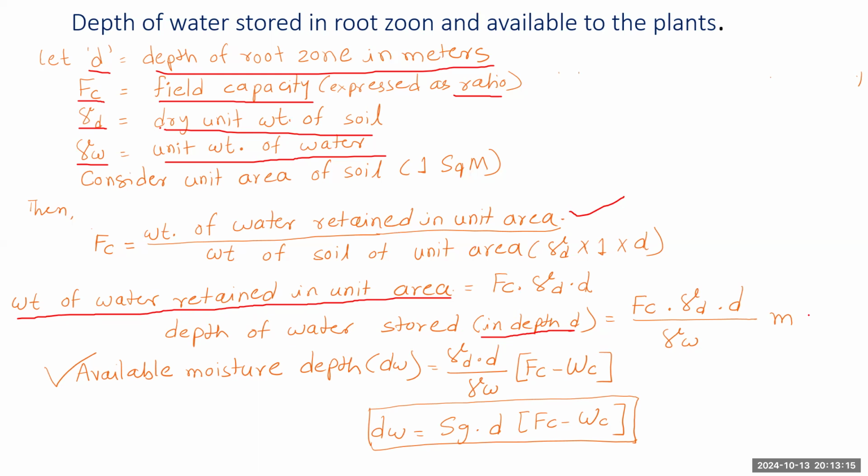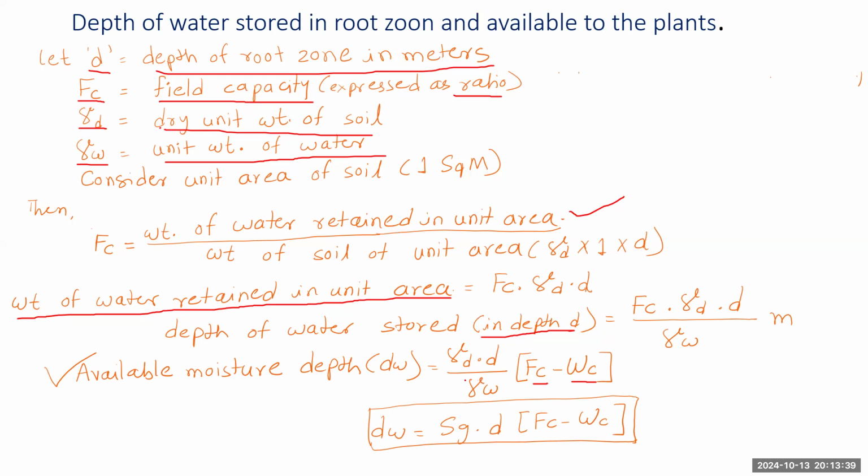From that, we get the available moisture depth formula: gamma D into D upon gamma W into (FC minus WC). WC is the wilting coefficient, FC is the field capacity. Both are soil moisture constant values expressed as a ratio.